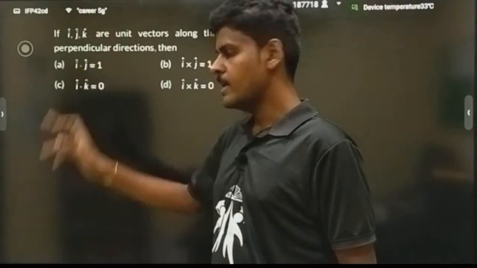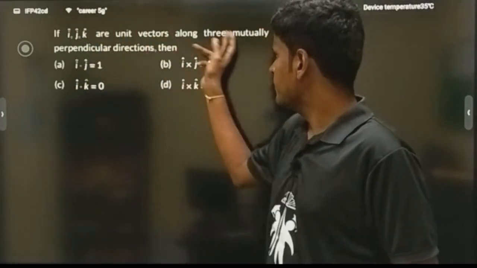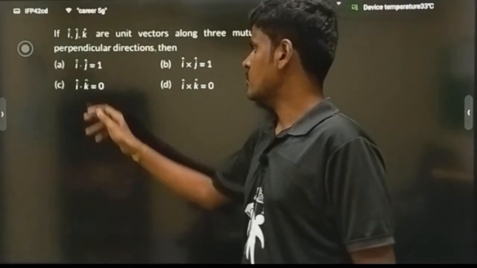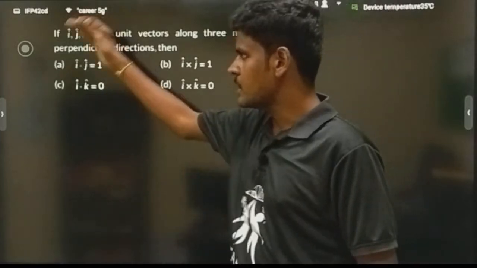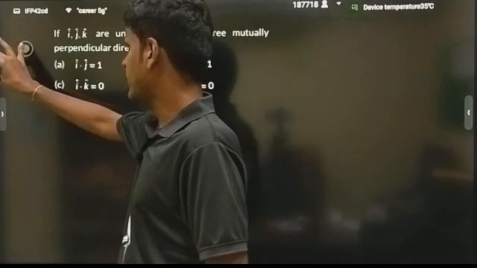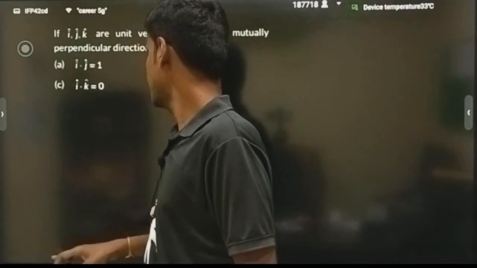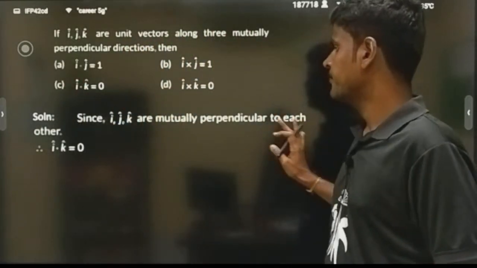This is mod I, mod K, cos 90 degrees, as I, J, K are mutually perpendicular. That means what is cos 90? It is 0. So what is the correct option? Option C. Easy question, students. These are all just properties, and they are asked in one more question in your board exams. Simple questions. So what is the correct option? Option C.